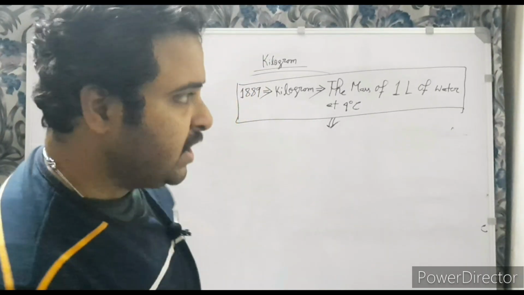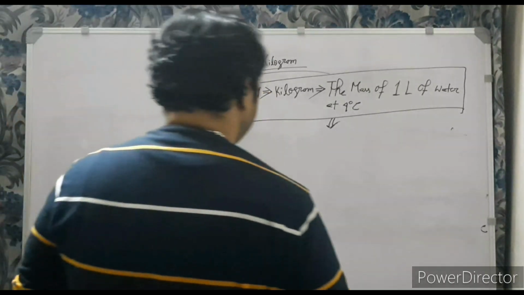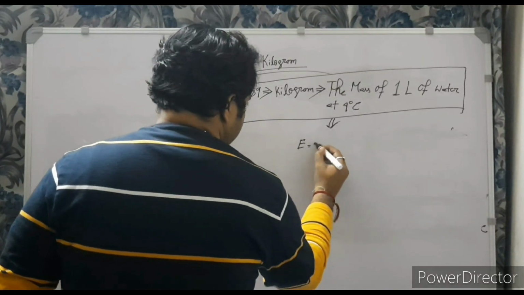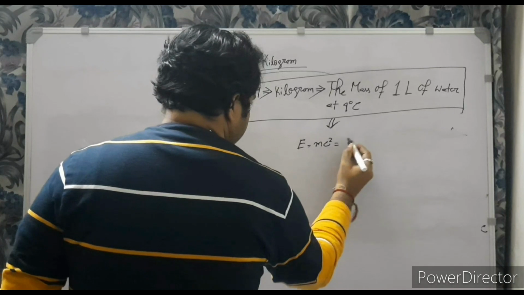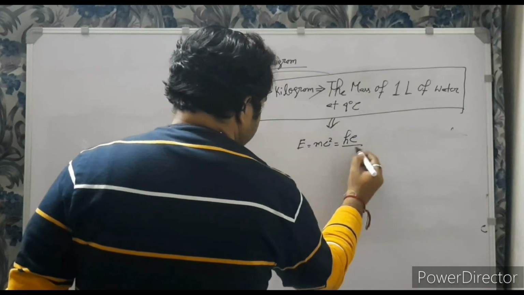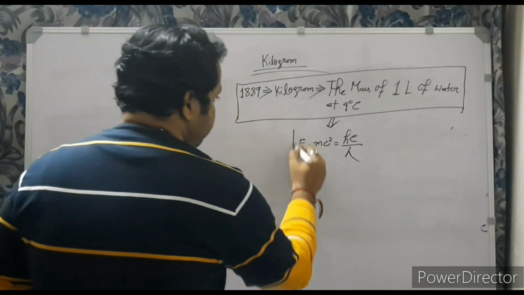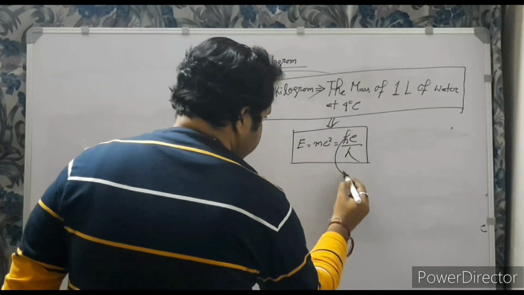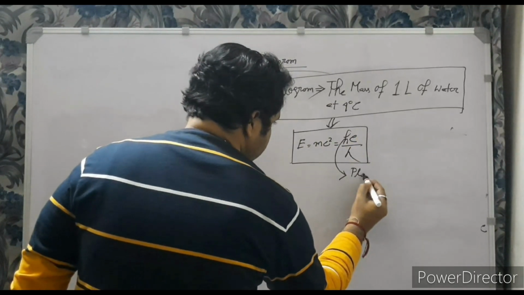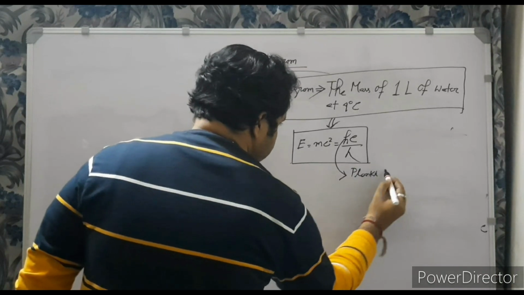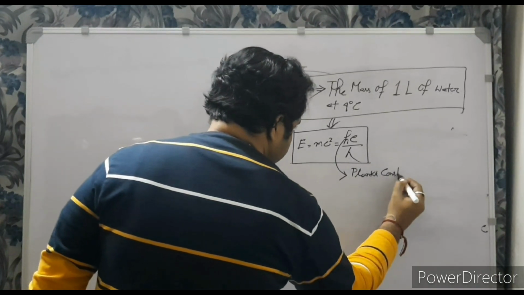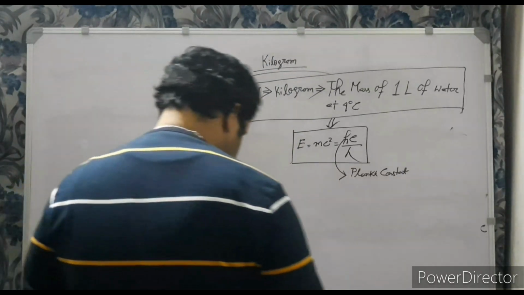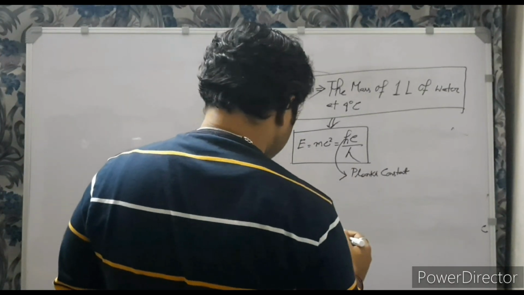You just need to know that currently kilogram is measured with E is equals to mc square is equals to hc by lambda with the help of this formula, where this h is called Planck's constant, right.